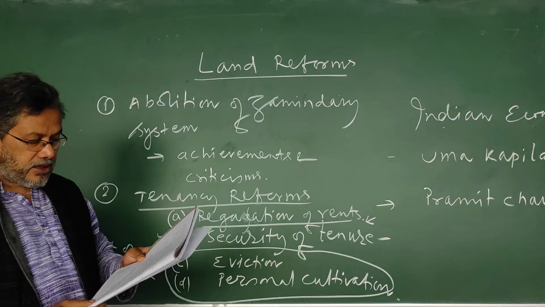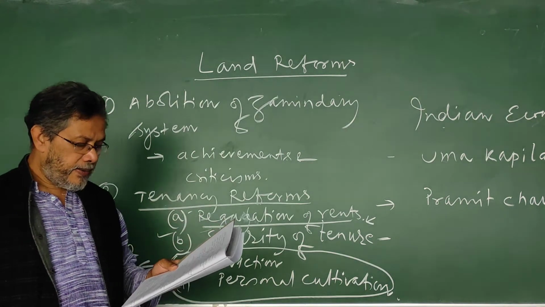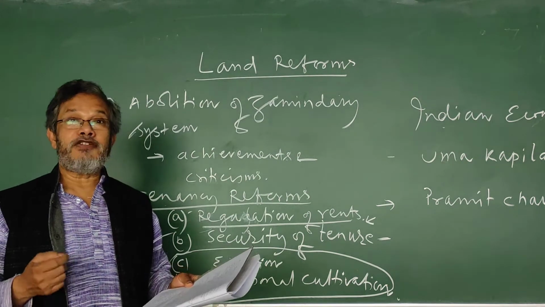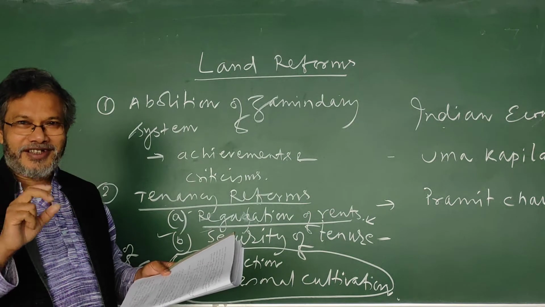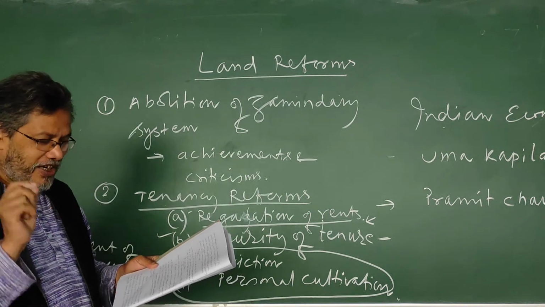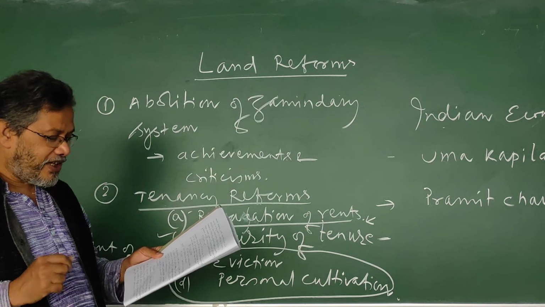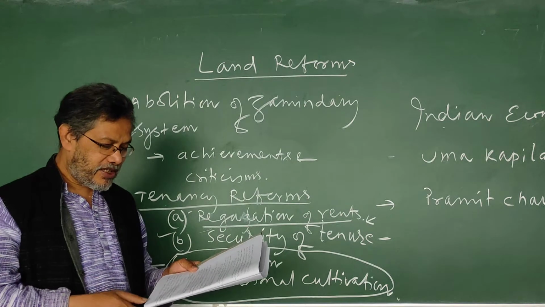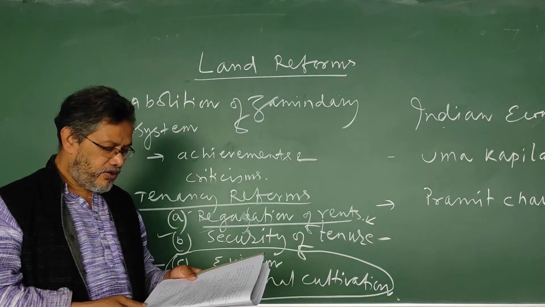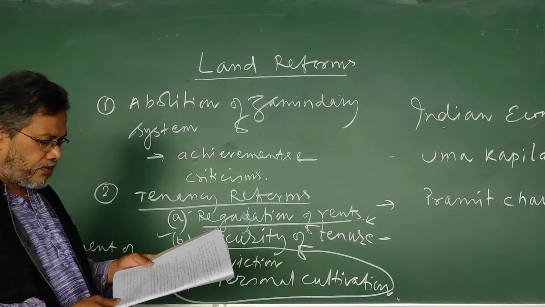And another point of criticism, as I told you already, is that the term self-cultivation should be clearly defined. It is used vaguely, with the result that, according to the Indian Planning Commission, in many cases lands may have been resumed ostensibly on the grounds of personal cultivation.